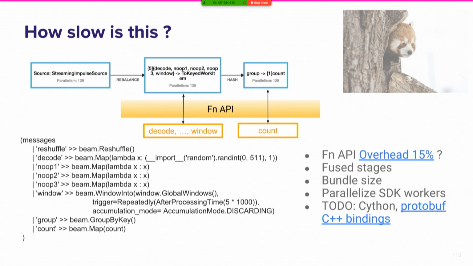Maybe the number is a little bit optimistic, but let's look at what we get here. You see on the top, the Flink pipeline has operations in it. After it got translated, you have this sequence of Python transforms fused together.